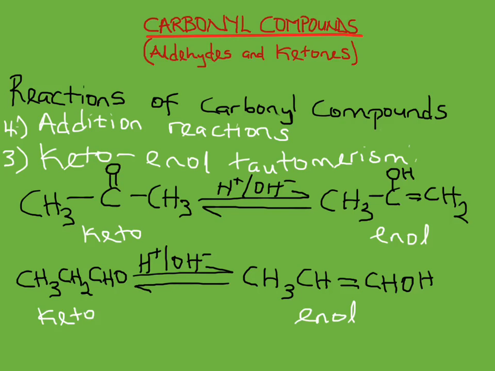That is, it is promoted either in an acid or an alkaline medium. Whether in an acidic or alkaline medium, the isomeric forms exist in equilibrium. Since the two isomers are in dynamic equilibrium, they are called tautomers.